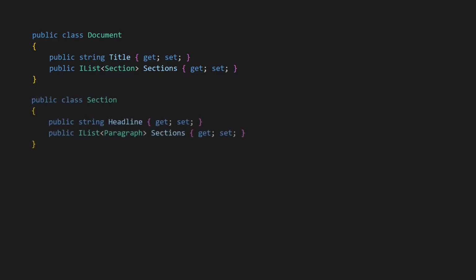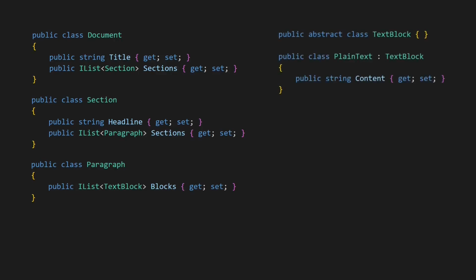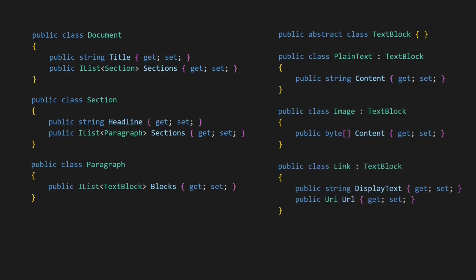A section could have a headline and a list of paragraphs. A paragraph could consist of a list of text blocks. A text block could be plain text with optional formatting, or a link, or an image. The actual renderer interface would then accept such a document, and the specific renderer implementation could then do the needful to render the document for the specific target device.